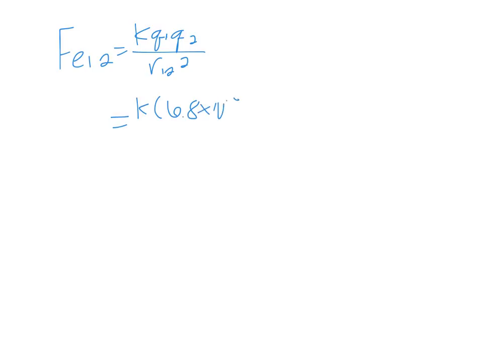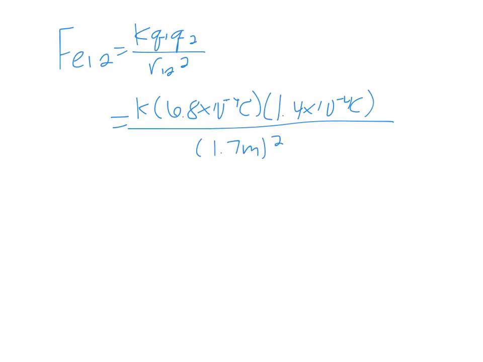Next page so I have more room. So Fe12 equals K Q1 Q2 over R12 squared. K Q1, which was 6.8 times 10 to the negative 4th coulombs times 1.4 times 10 to the negative 4th coulombs over 1.7 meters squared.